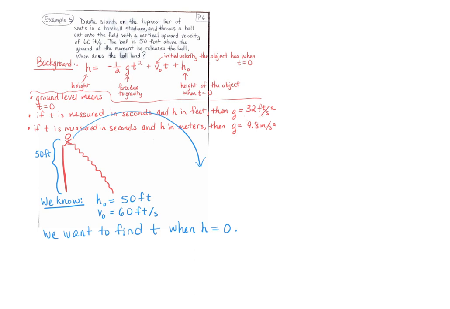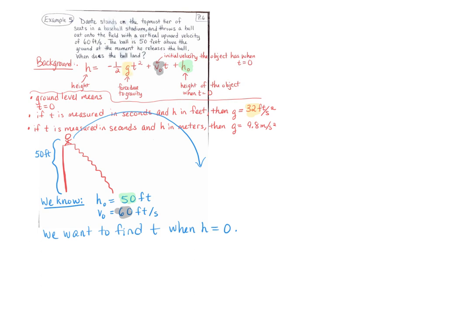So we need to substitute that in for g. Okay, and we have v naught and we have h naught. So we're going to use the fact that 60 is going to be here, 50 is going to be here, and we're going to have this 32 right there.